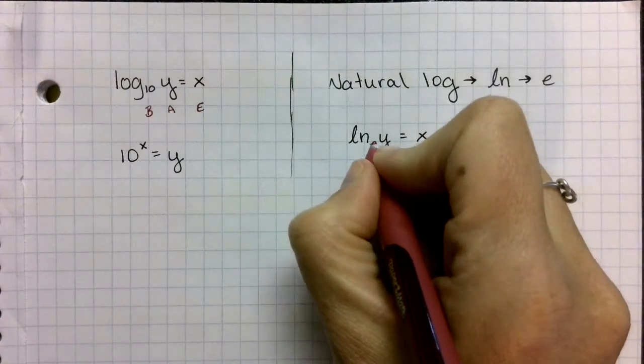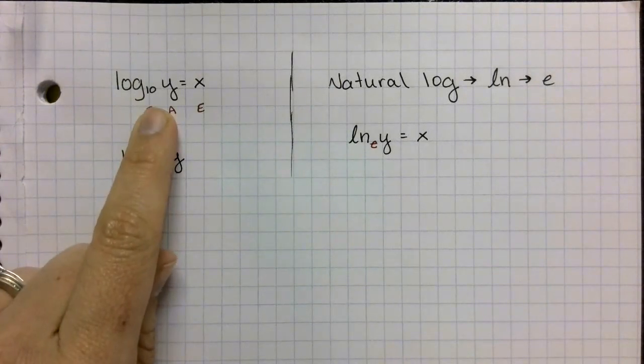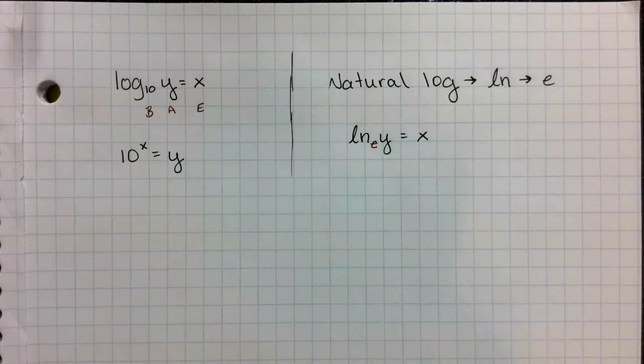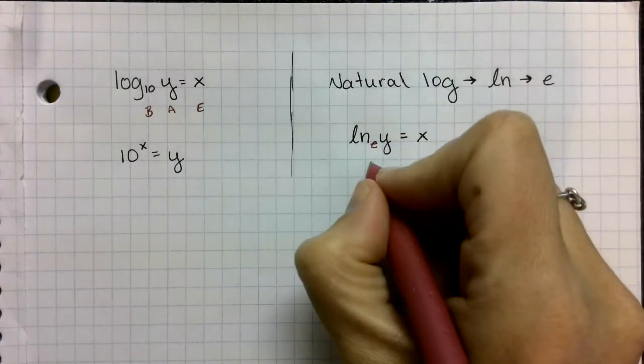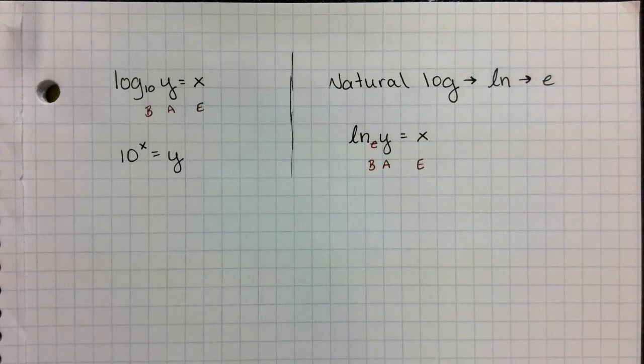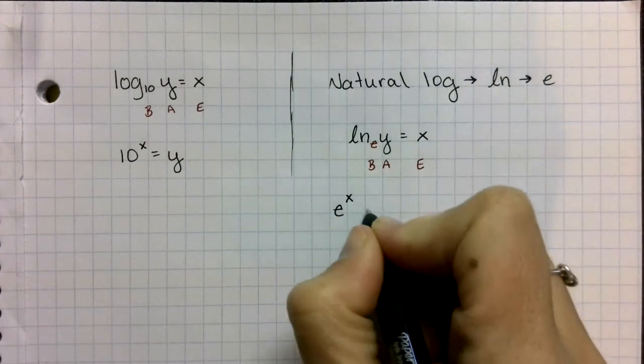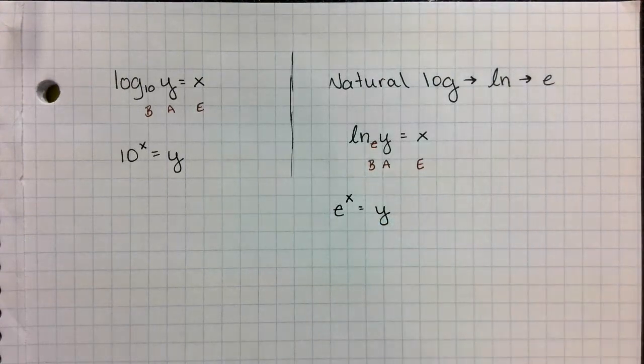So, when you see a natural log, you are working under the assumption that it has a base of E. Just as I told you to get into the habit of filling in a base of 10 for logs, you're going to fill in a base of E for natural logs. Then you can still use this little BAE property: a base of E, an exponent equals an answer.